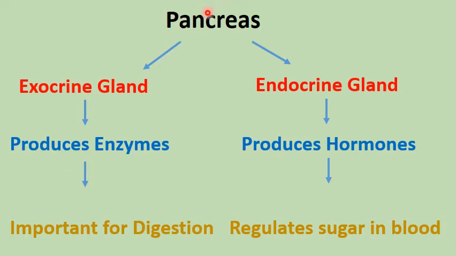So the pancreas can be regarded as two types of glands, an endocrine gland and an exocrine gland. As an exocrine gland, it produces enzymes important for digestion. As an endocrine gland, it produces hormones that regulate sugar in blood.